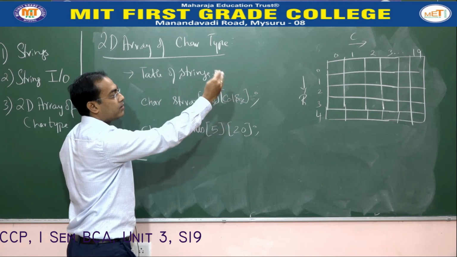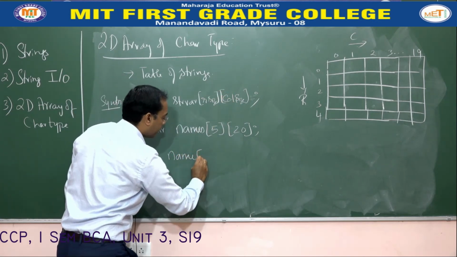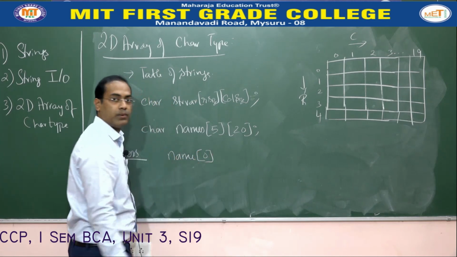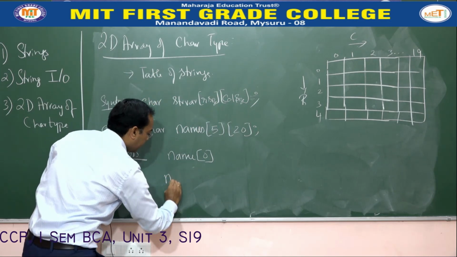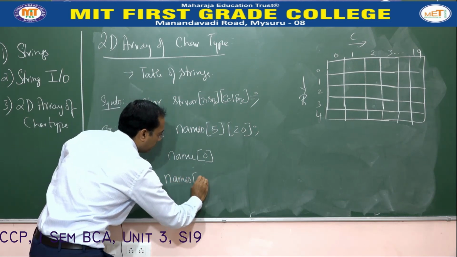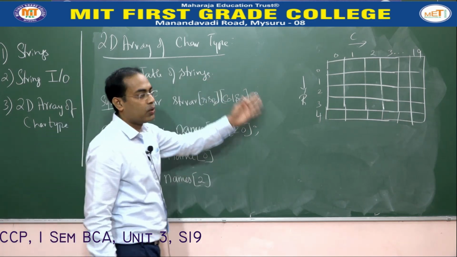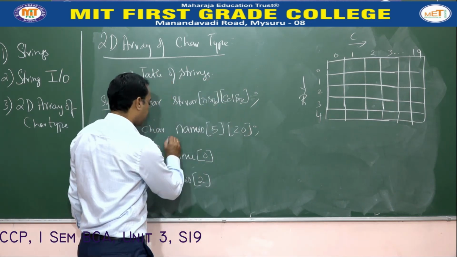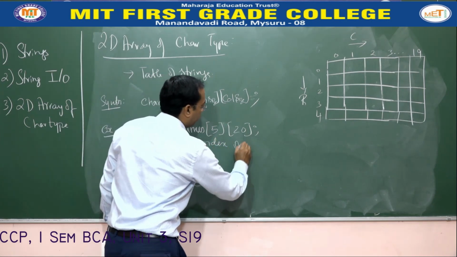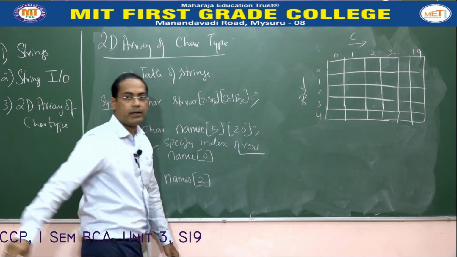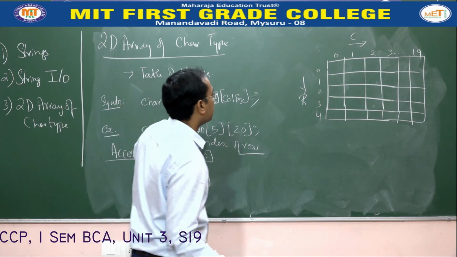Suppose you want to access the first element, that is the 0th element, you have to say names of 0. If you want to access the third element, you have to say names of 2. So to access, you specify only the index of the row.